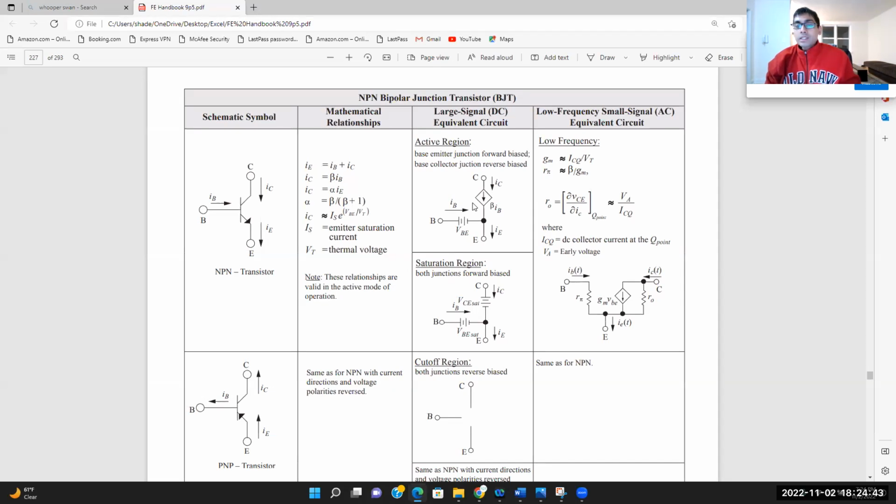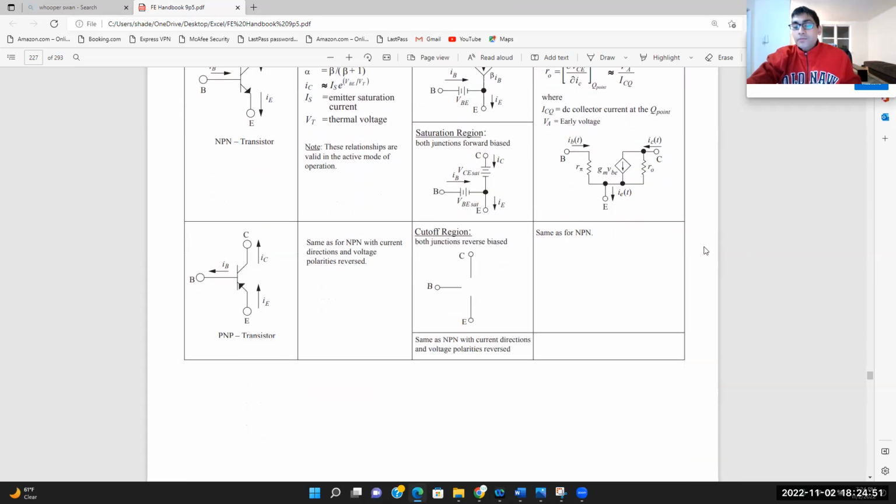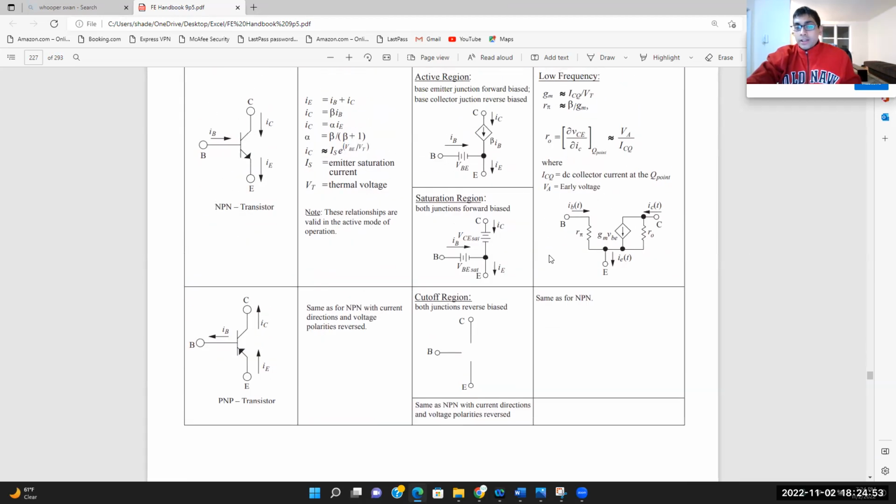However, at times, if you have an AC signal, this is your diagram. This is your pi model, I think it's called the hybrid pi model. So what you can do is this region can be represented like this.